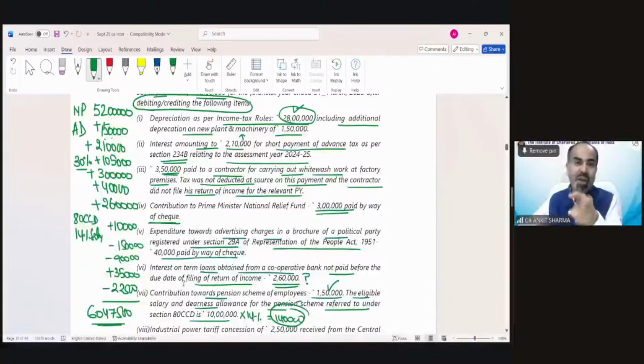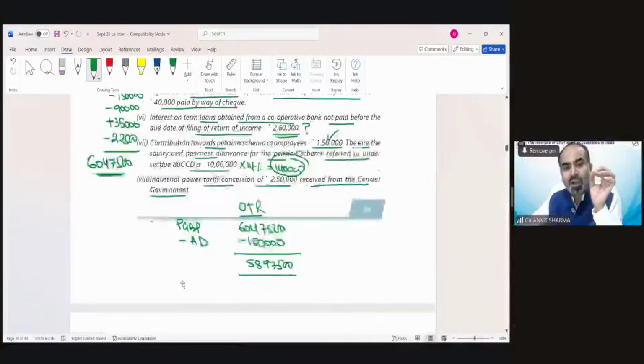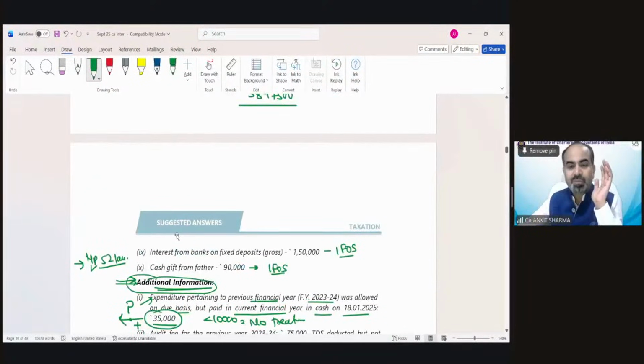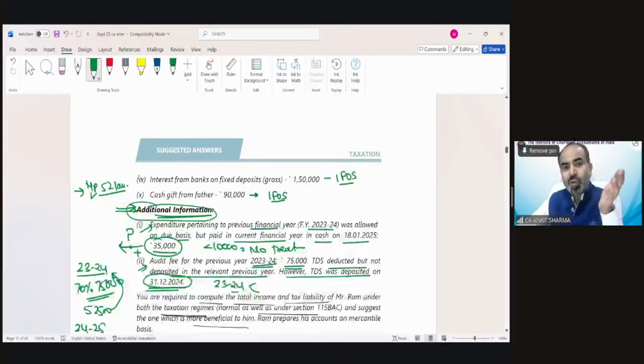We just solved May 2025 and now it's September 2025. The MTP question was more difficult than this. This question is so easy that only this point could confuse you a little. Even if you solved the starting 10 points correctly, you will get at least 80 marks from the PGBP calculation. Even if the first or second point is wrong, you will still get good marks from this PGBP solution.